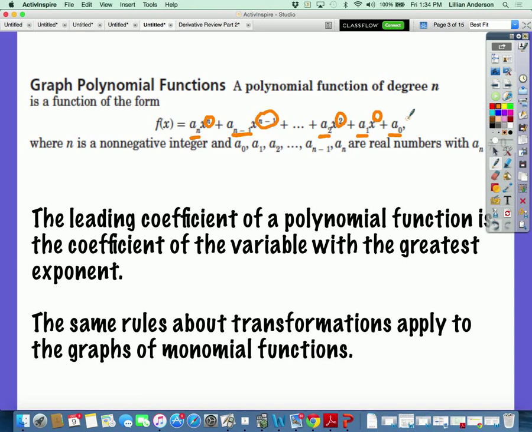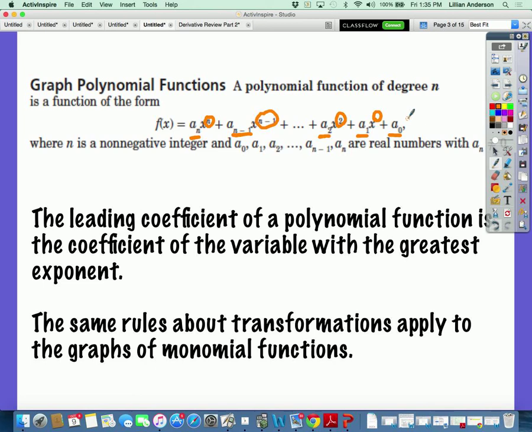Now, the leading coefficient of a polynomial function is the coefficient of the variable with the greatest exponent, okay? So whatever the largest exponent is, the number attached to it is the leading coefficient, okay? So if you look at number 6 from that activity, what's your leading coefficient?